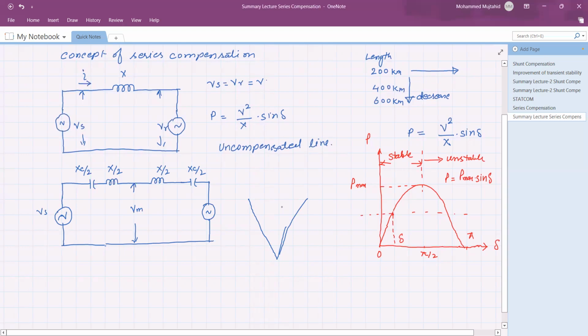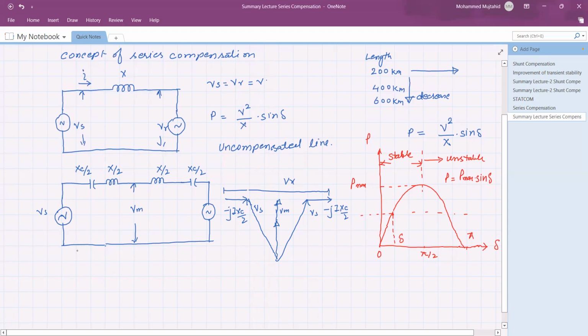Because the capacitor is connected, this is the voltage minus j I Xc upon 2, and the other is also minus j I Xc upon 2, and therefore the total voltage is Vx. Here is the center voltage Vm, that will increase the current, and because of the increase in current, the power handling capacity of the transmission line, or the power angle, is going to increase.